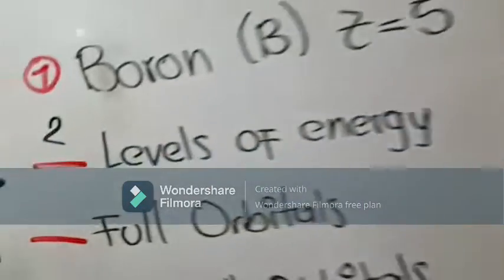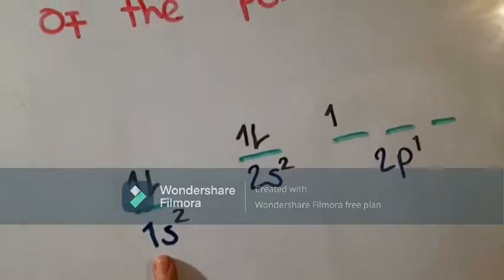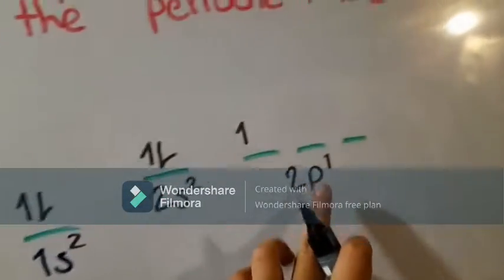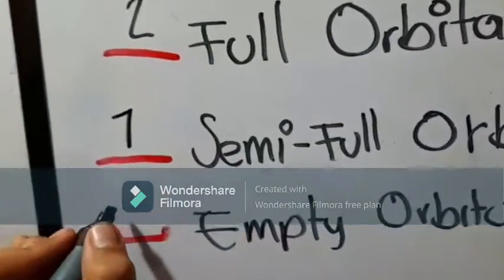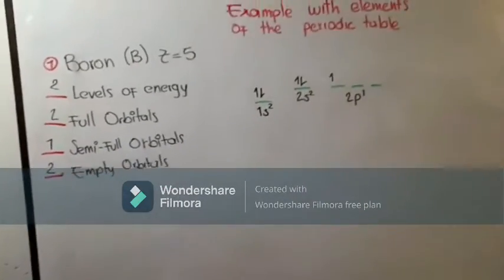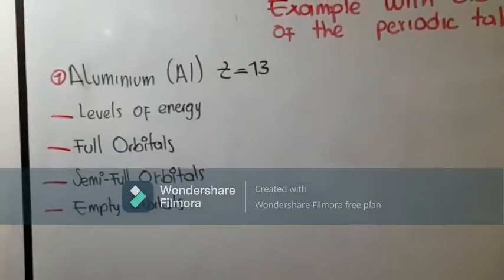In this second example, we have aluminum with atomic number 13. Its respective orbitals are made and filled according to the atomic number.